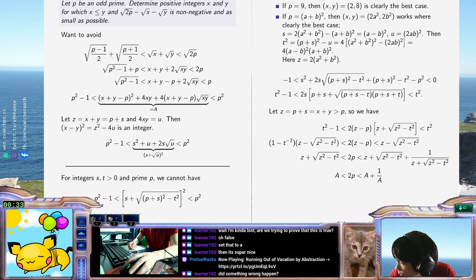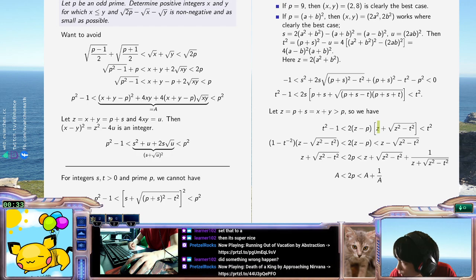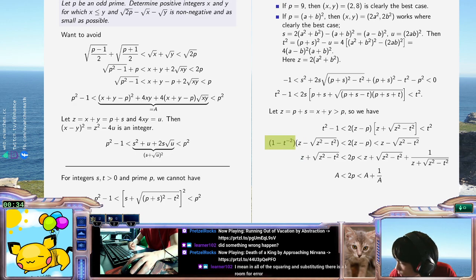When z equals p and t equals 1, it's supposed to be sharp, but it's not. This lower bound's messed up.